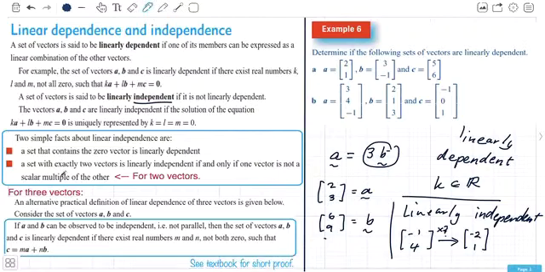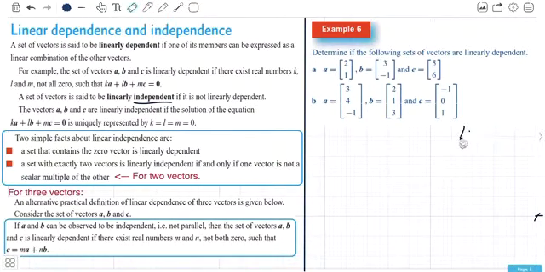There are 2 simple facts here about linearly independent vectors. The first one is that if you have the 0 vector in a set of vectors, the vectors will be linearly dependent. The reason for that is this: if you had A equals, and it's a vector, doesn't matter what it is, 1, 2, and B was the 0 vector, 0, 0, you could actually write B in terms of A. How could you do it?